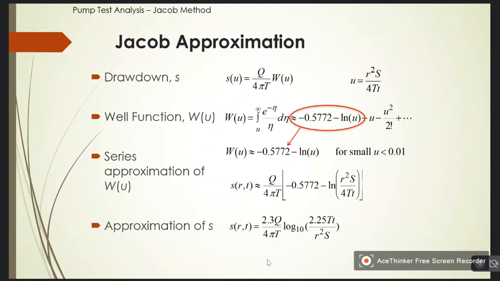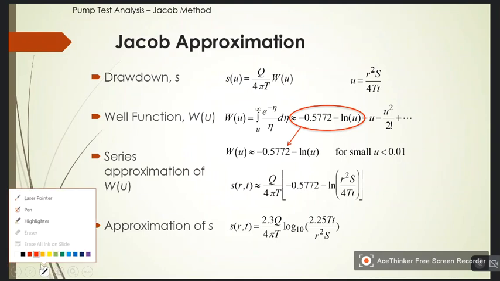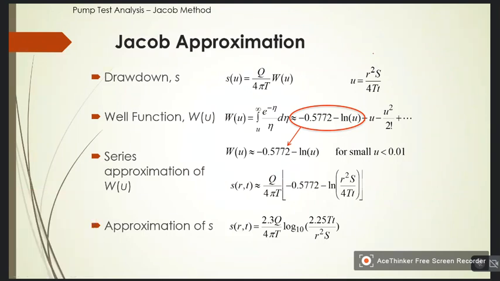So, Jacob approximation. In Jacob approximation, again, there is no change in the equations. This equation is the same and this is the same. What is done is, the well function, which is a series, is approximated by the first two terms only. So the remaining terms are neglected.